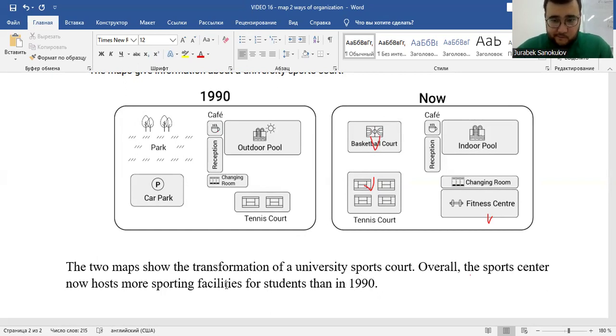So the sports center now hosts more sporting facilities for students than in 1990.